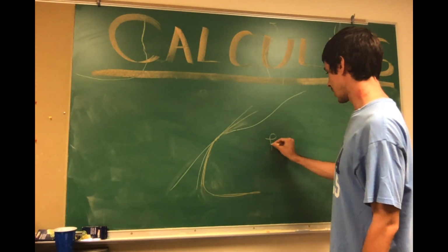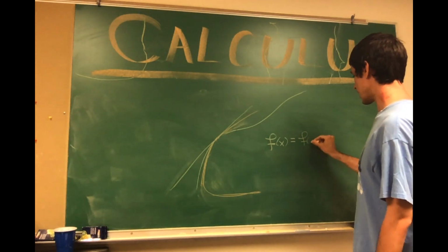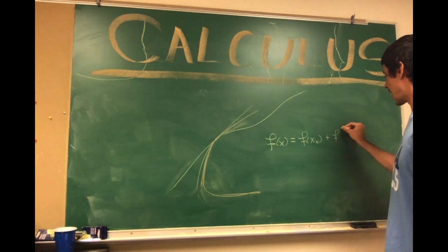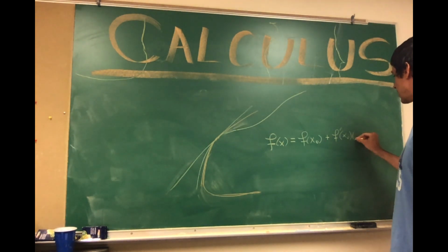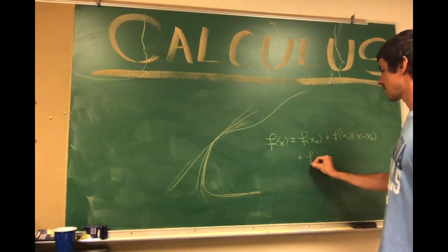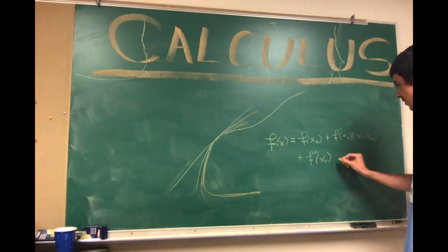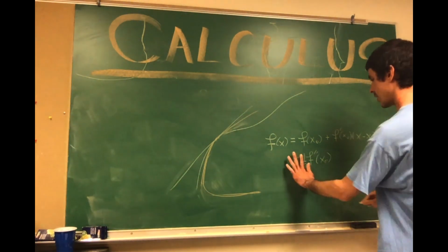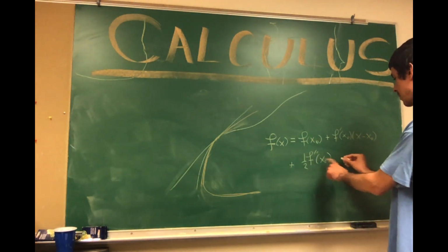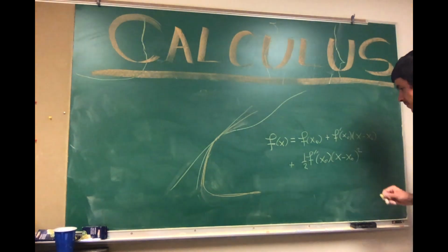So the linear approximation, f of x equals f of x0 plus f prime of x0 times x minus x0, plus 1/2 of f double prime of x0 times x minus x0 squared.